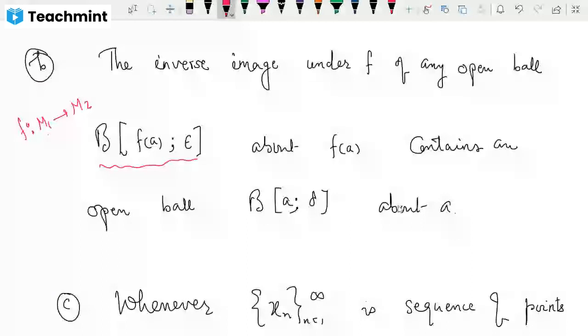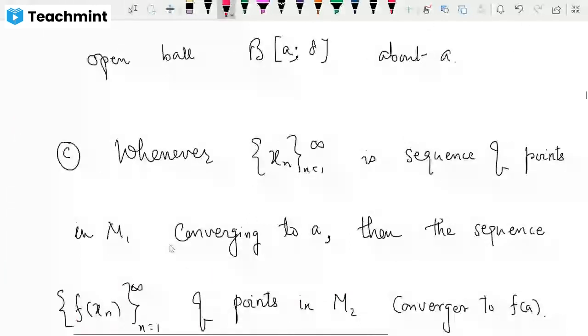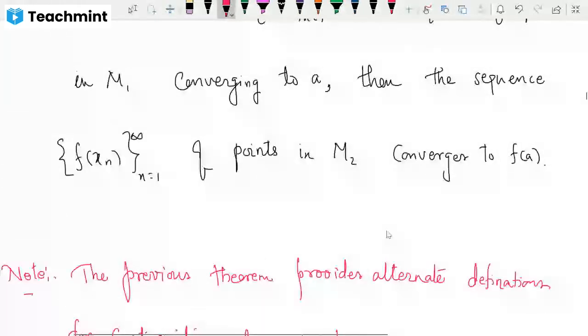What is the third condition? Whenever a sequence x_n of points in M1 converges to a, then the sequence of images f(x_n), n varying from 1 to infinity, of points in M2 should converge to f(a).